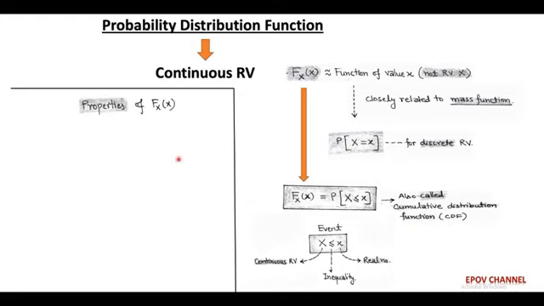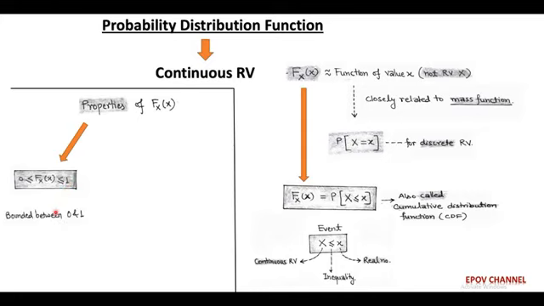Next, we talk about the properties of the cumulative distribution function. Here F of small x is called the cumulative distribution function, and the first property is that it is always bounded between 0 and 1. That is, F of x is always greater than or equal to 0 but less than or equal to 1.